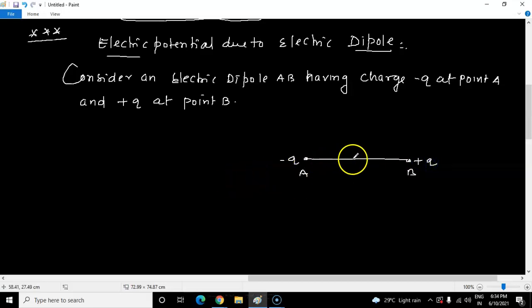And let O be the center, the center of the dipole. Now, let P be any point at distance R. P is the point here, at some distance R from the center.